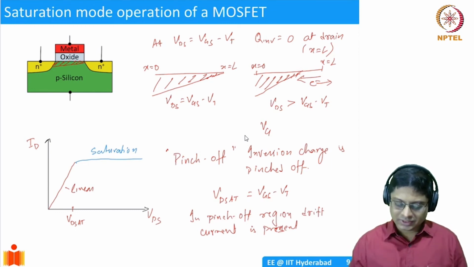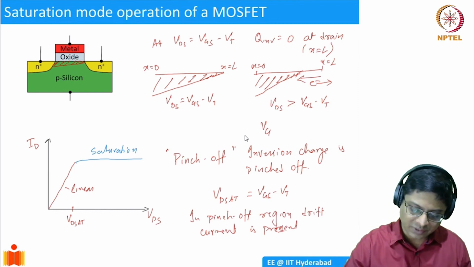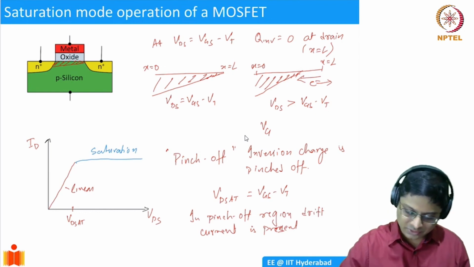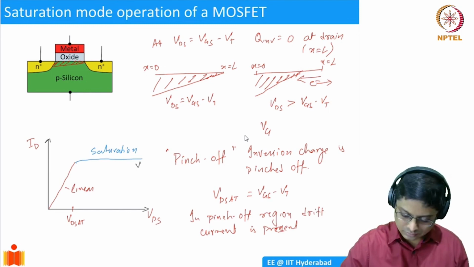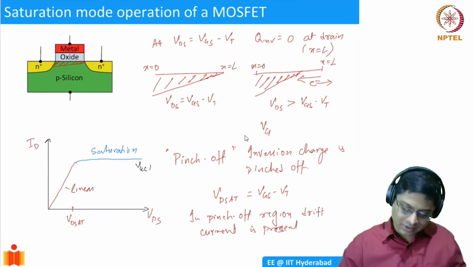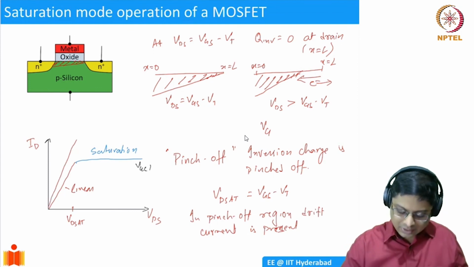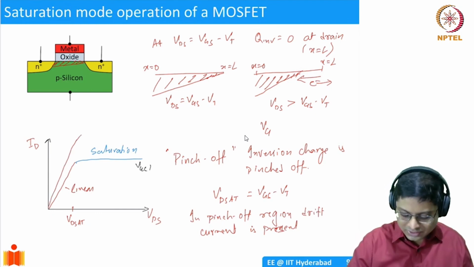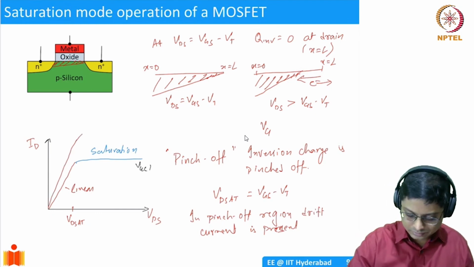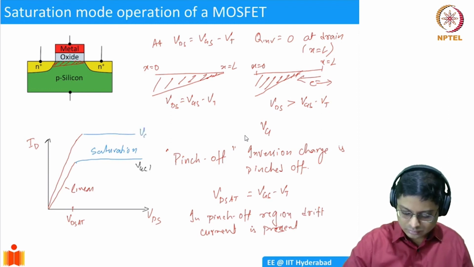So this is saturation. Now let's say this is at one VGS, which I'll call VGS1. What happens if I increase my VGS? I'll still have the same thing, but at a higher voltage I'll start seeing saturation. This is VGS2, greater than VGS1.